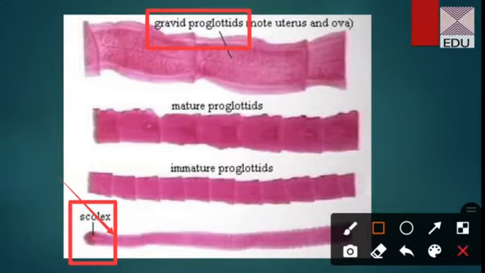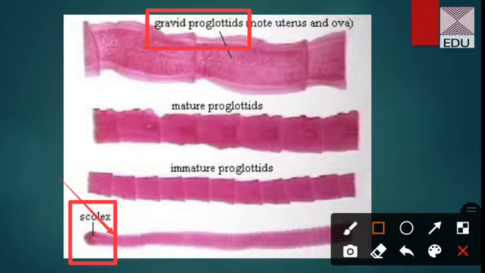Gravid proglottids are the old proglottids present at the very end of the body, and these proglottids are non-productive, as they don't have any kind of testes or ovaries. All the testes and ovaries of mature proglottids diminish, they are reduced. So that's why they form the gravid proglottids. So gravid proglottids are the old proglottids. So we'll be taking up the structures of these proglottids one by one.